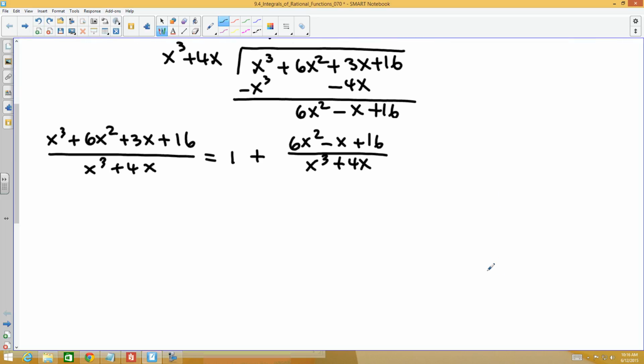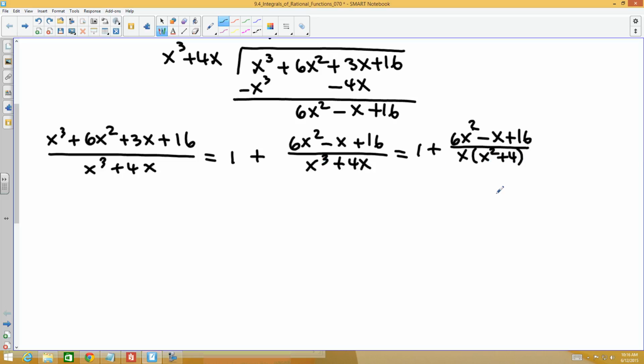The next thing now, we do partial fraction decomposition on this expression, because the numerator degree is less than the denominator degree. That leads us first to factoring the denominator. We get x times (x squared plus 4).